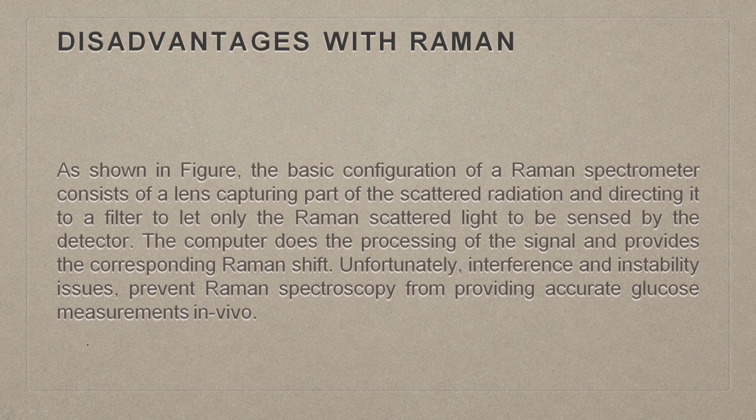So, though Raman spectroscopy is possibly a very powerful tool for in vivo glucose detection, it is not currently exploitable in the commercial zone because of too much noise in the signal.